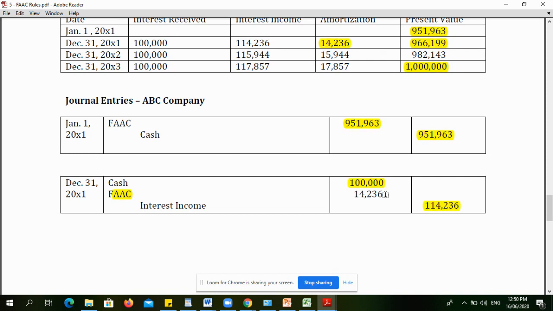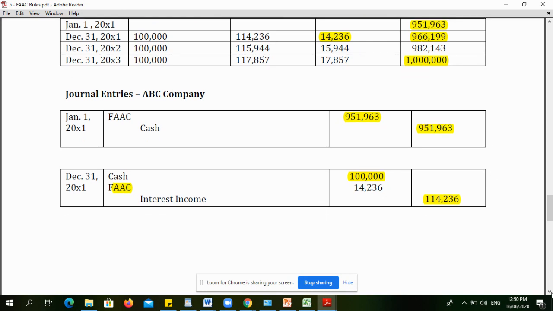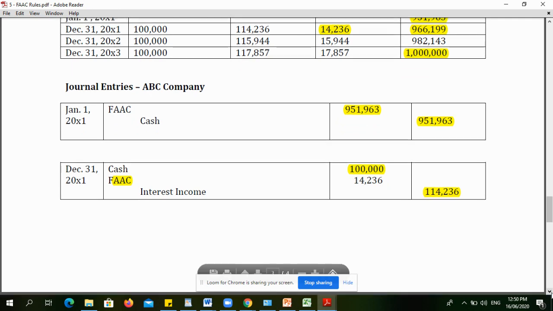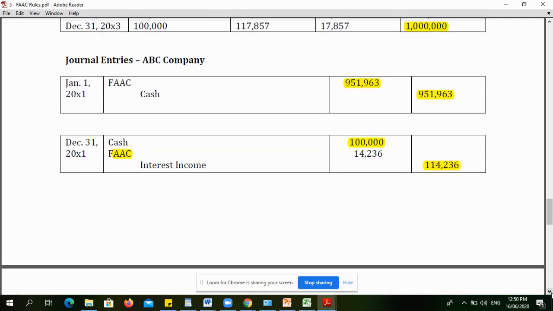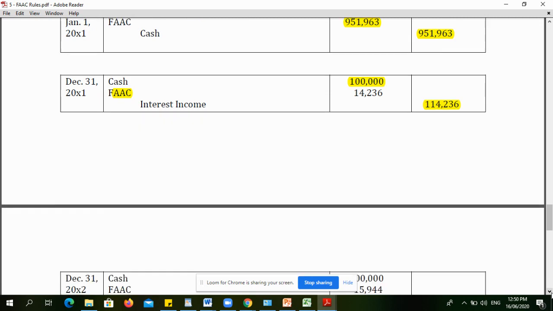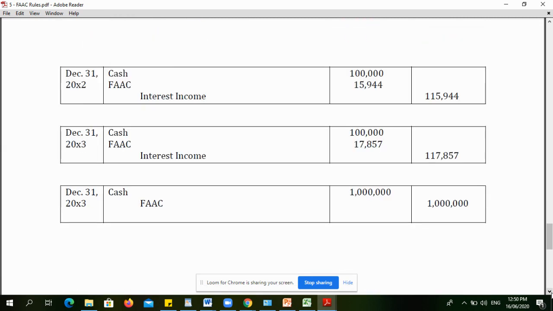So, look: 14,236 plus 951,963 equals 966,199. And then, it's the same.